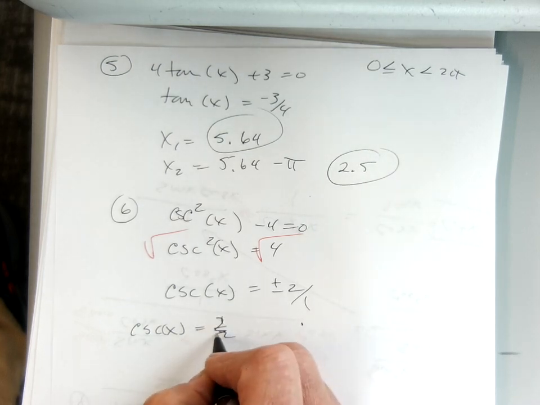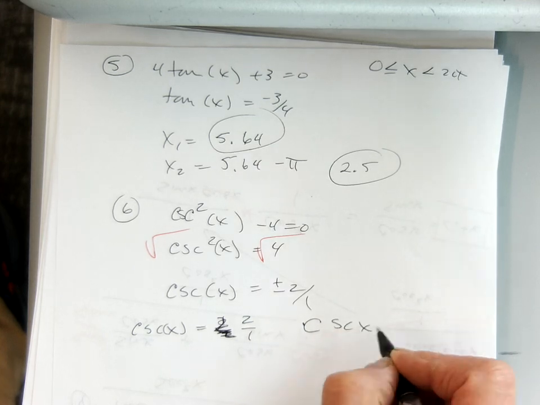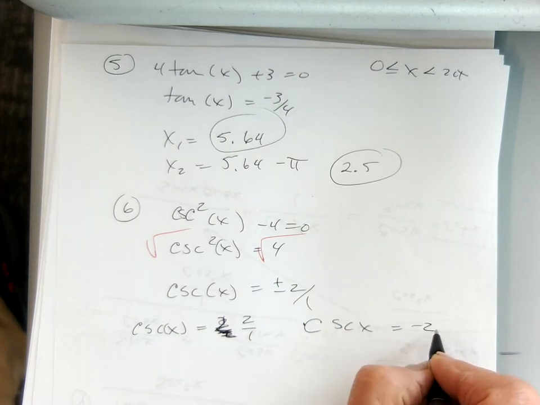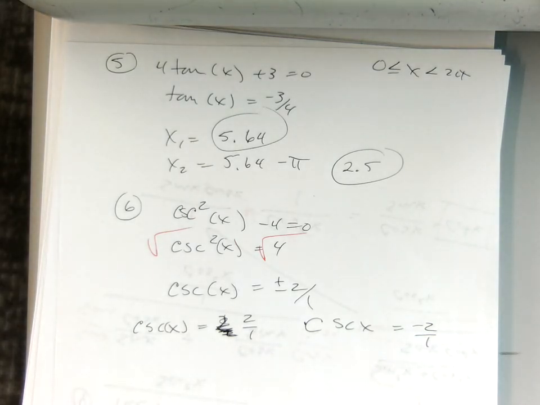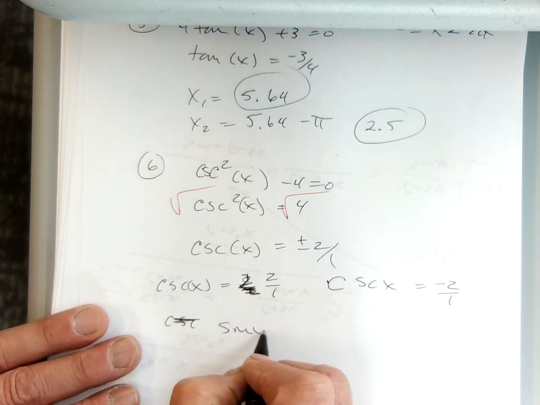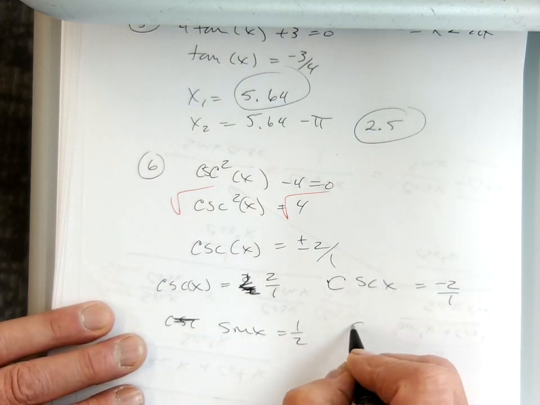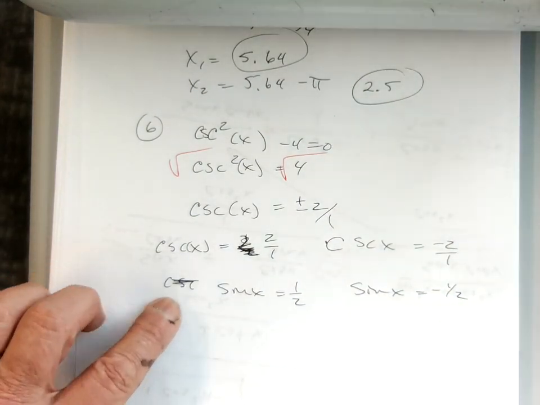Oh, I'm ahead of myself. See, I'm already ahead of myself, aren't I? And negative 2, but now I'm going to go to sine equals negative 1/2, right? I was ahead of myself. So sine of x equals 1/2, and sine of x equals negative 1/2, and that's all on the unit circle, right?